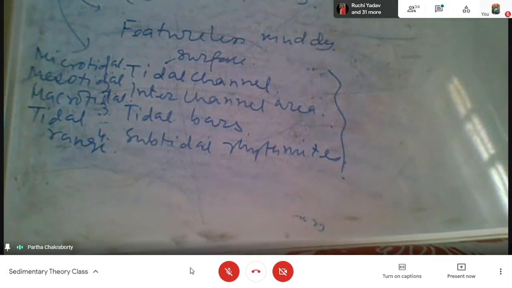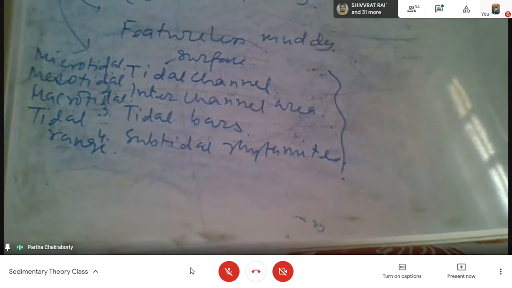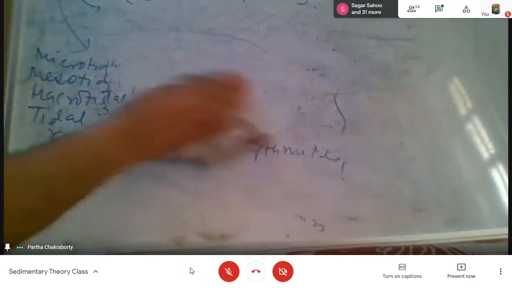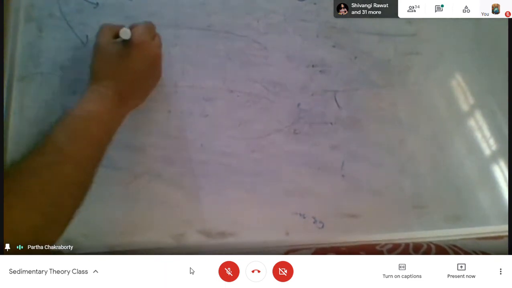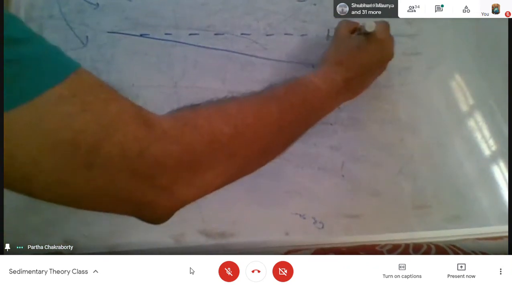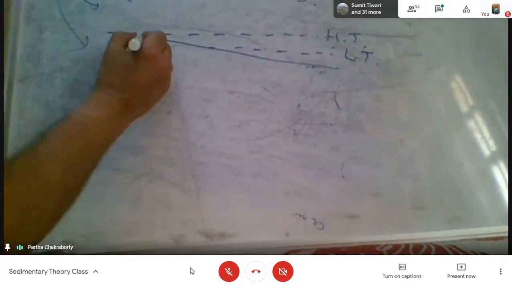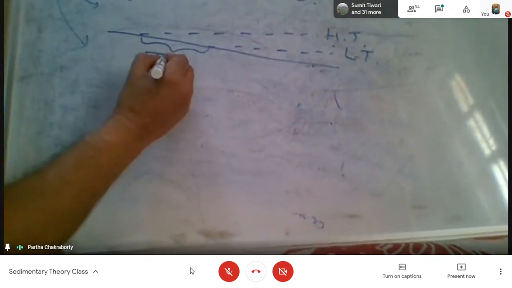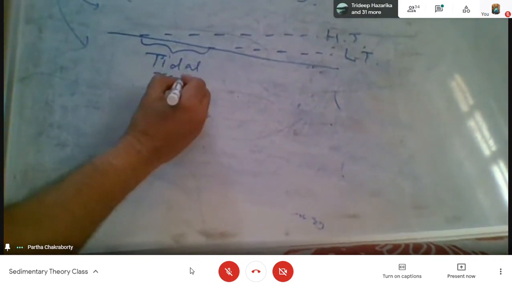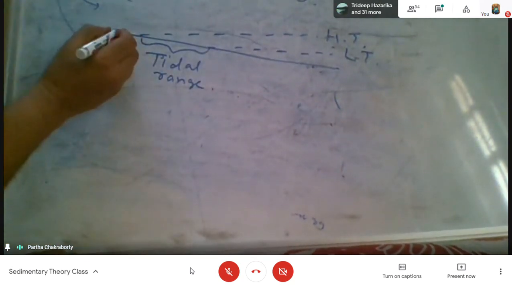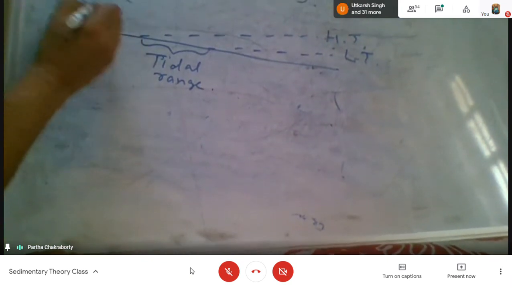Okay. Now, any tidal system is also subdivided into three parts: supratidal, intertidal, and subtidal. So if I have a tide dominated coastline, and this is the high tide, and this is my low tide, this becomes my tidal range. Above the high tide is supratidal.